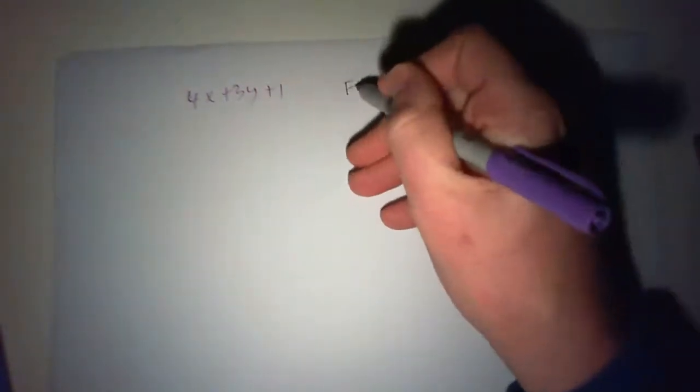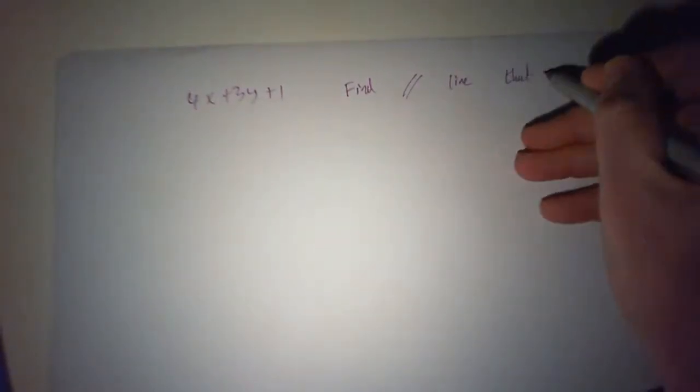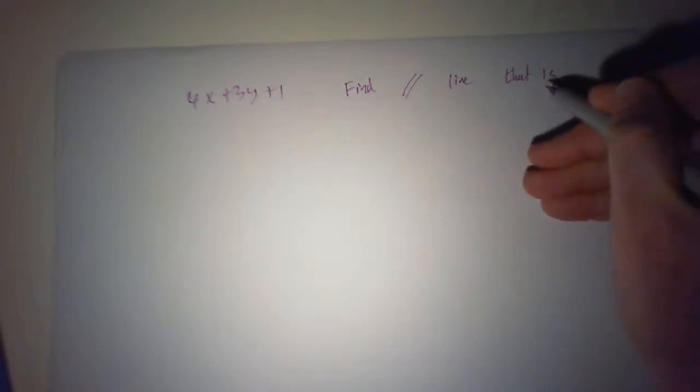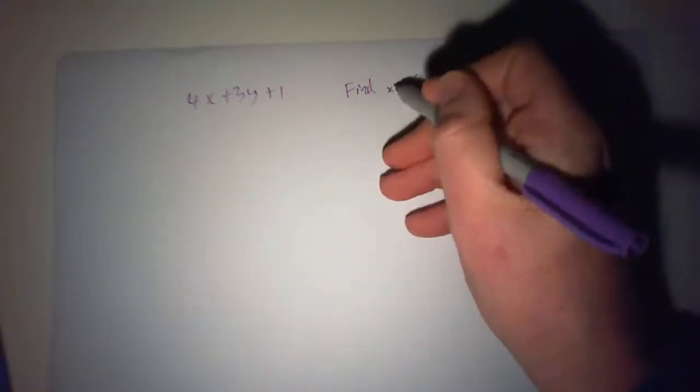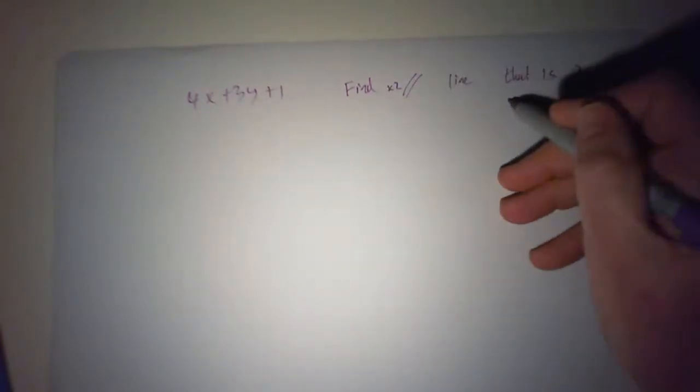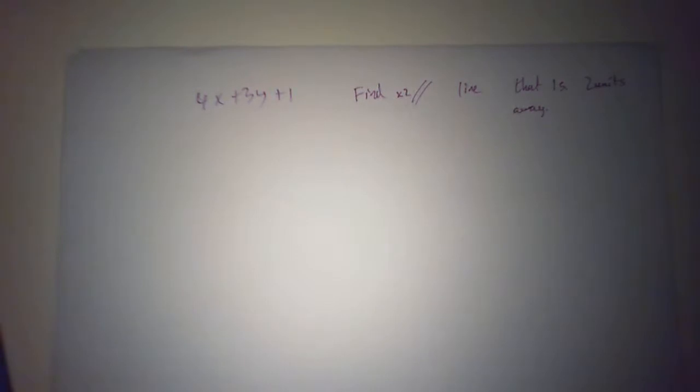We need to find 2 parallel lines that are 2 units away. We've looked at this one before, so this shouldn't be too taxing a problem for you. I'm going to give you a pause and a chance to give it a go. Okay, so 3, 2, 1, and pause.